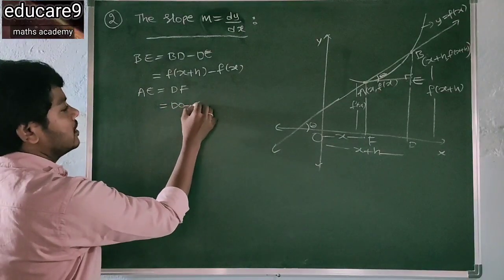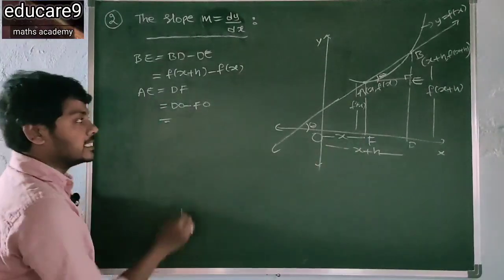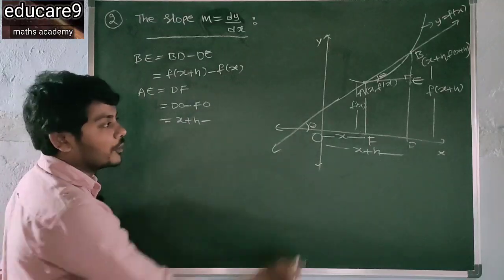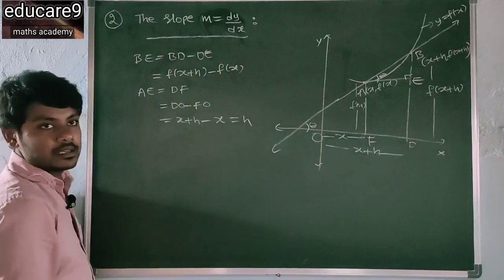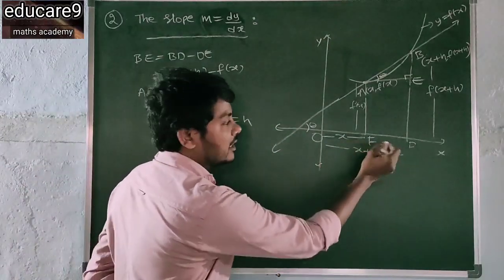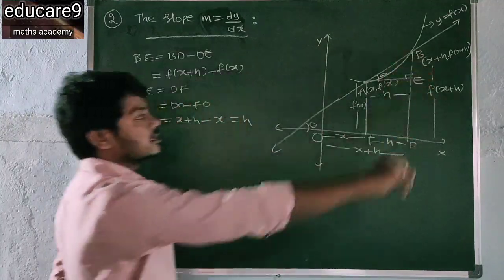So what is DO? The horizontal distance, that is x plus h, minus FO, that is x. So clearly this is h. Therefore the AE length is equal to FD, that is h. So clearly this length is h.